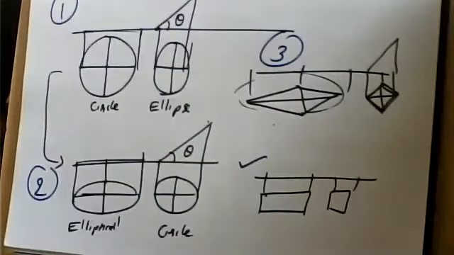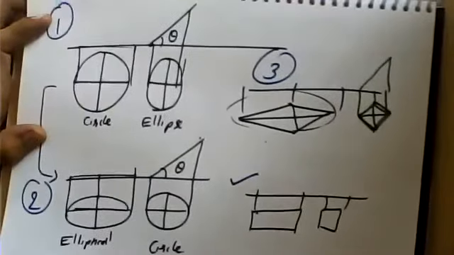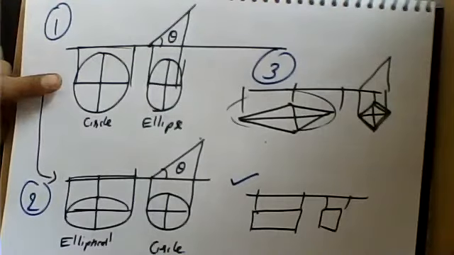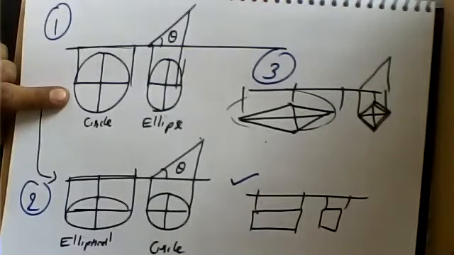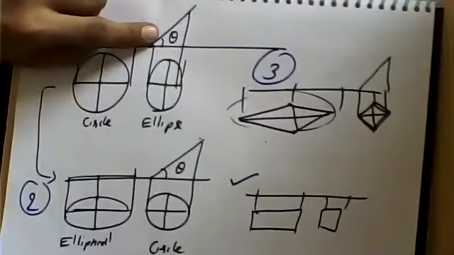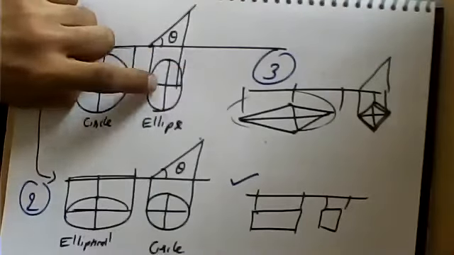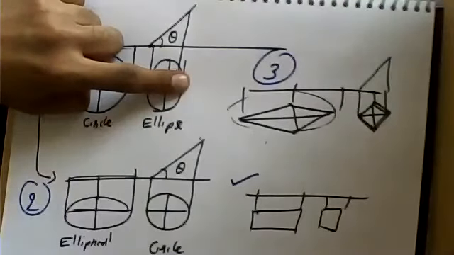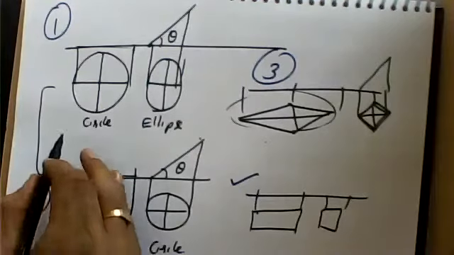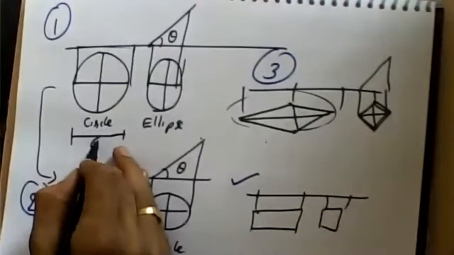So, for the first problem, the statement is going to be like this. A circular plate is resting on HP. It has a diameter of about 60 mm.